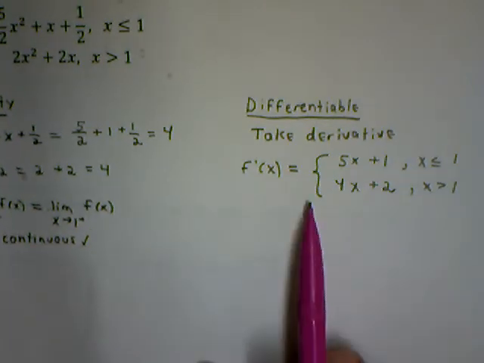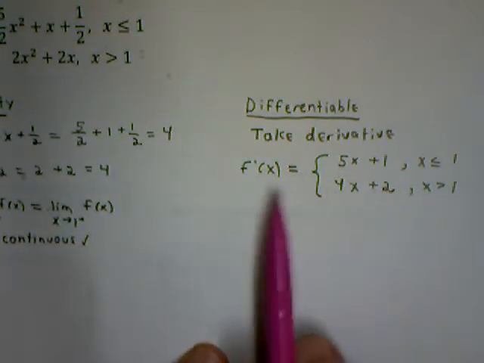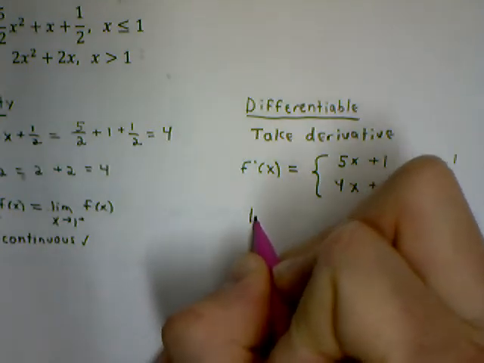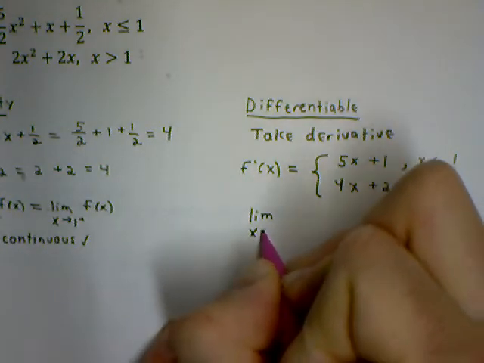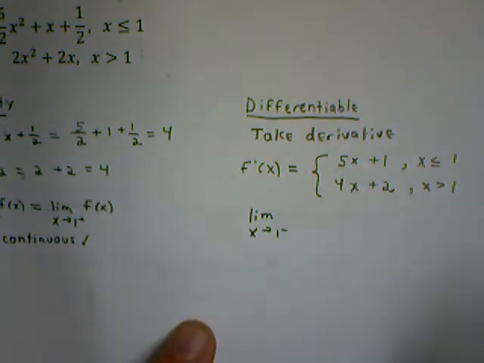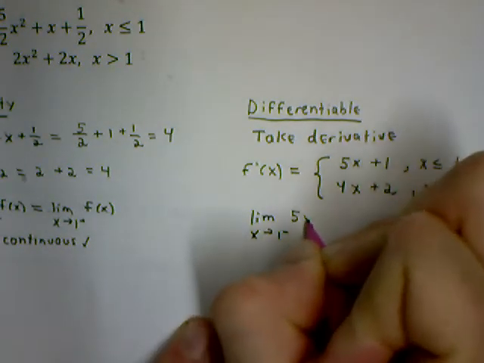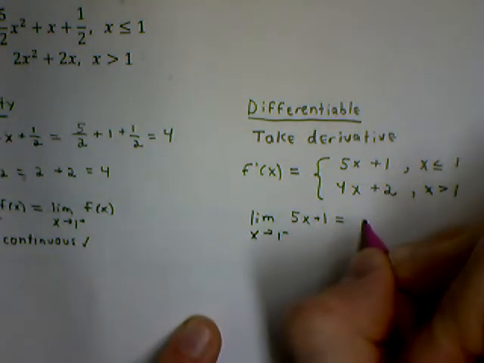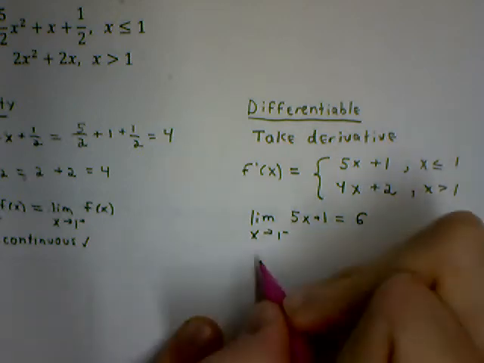So now that I have the derivatives, what I'm going to do is check the left-hand and right-hand derivatives. So first I'll use 5x plus 1. Plug in 1 and you get 6.